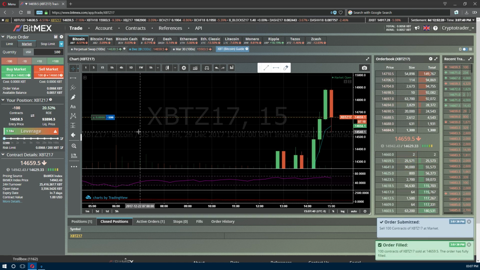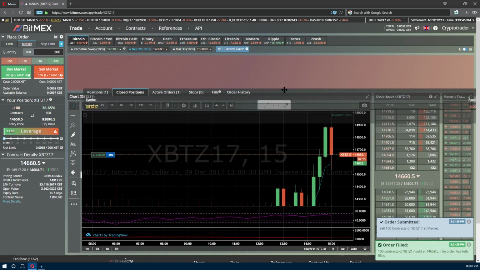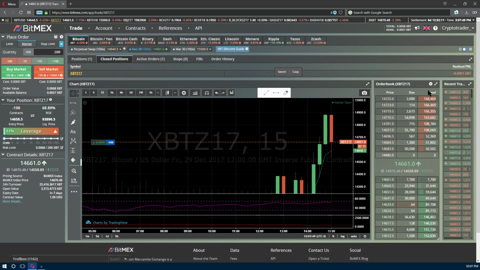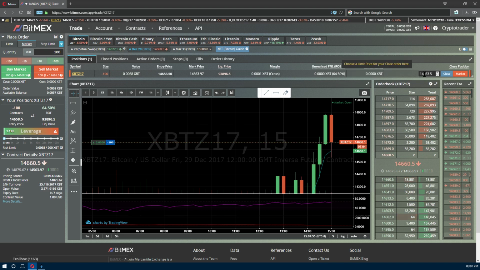Okay, now let's try to enter a close position. Let's put this back up to the top. All right, let's close the position that we have open. Add somewhere up here.